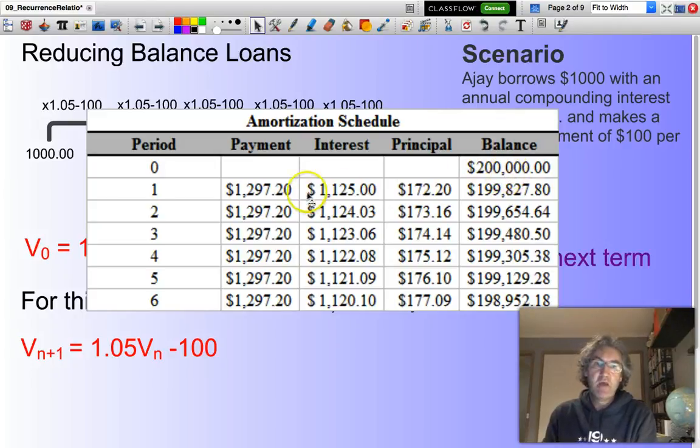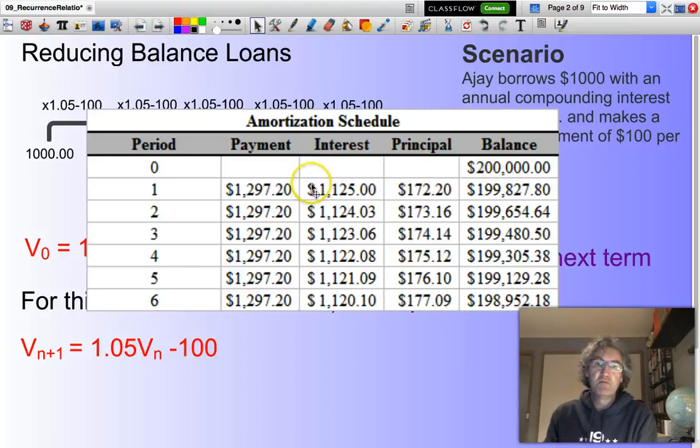A regular payment of $1,297.20 is made every period, and an interest calculation has to be made for every period. So you can see here, the first interest payment will be based on a balance of $200,000.